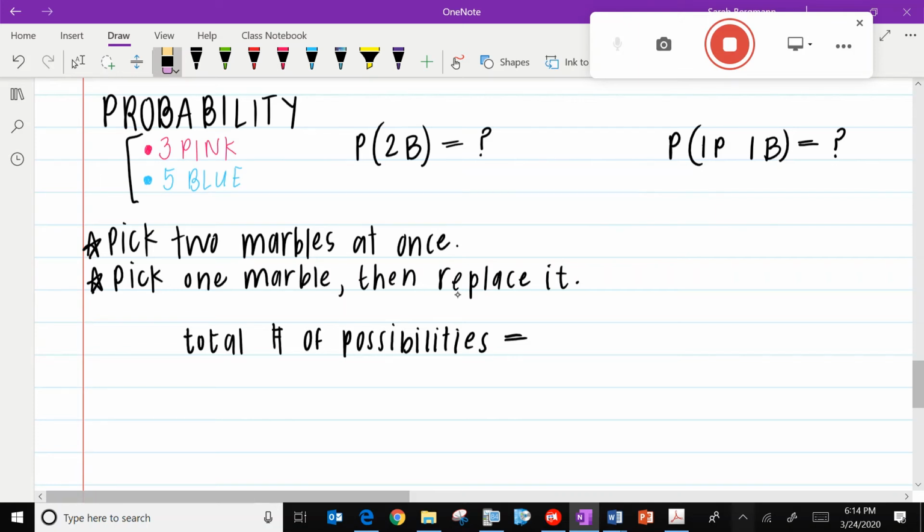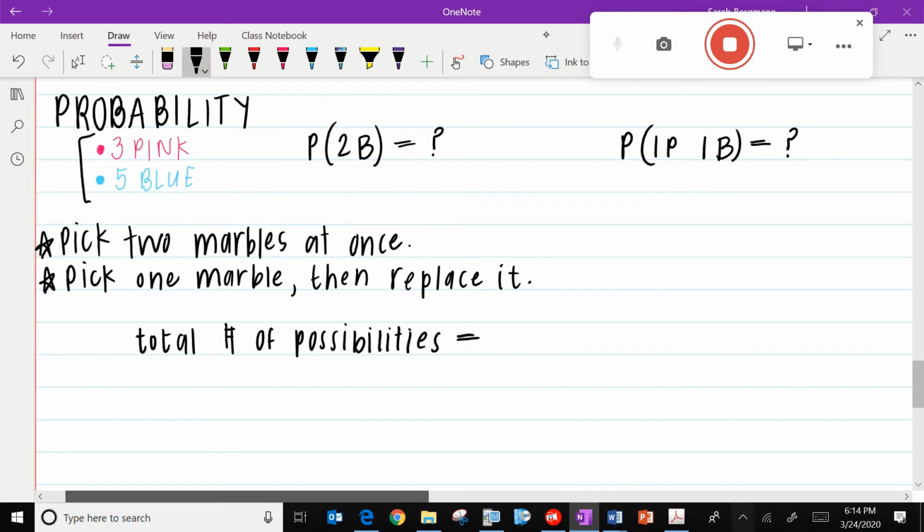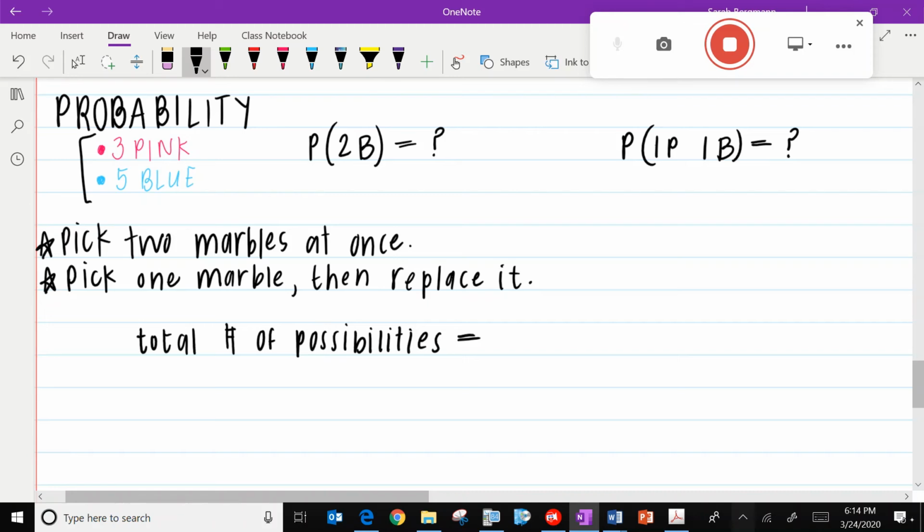So let's talk about this. There are 2 different things we need to consider here. Either we're picking the 2 marbles at once, or we're picking 1 marble then replacing it. So let's just deal with the first situation, picking the 2 marbles at once. So the total number of possibilities would be: there are 8 total marbles, and we are picking 2 of them.